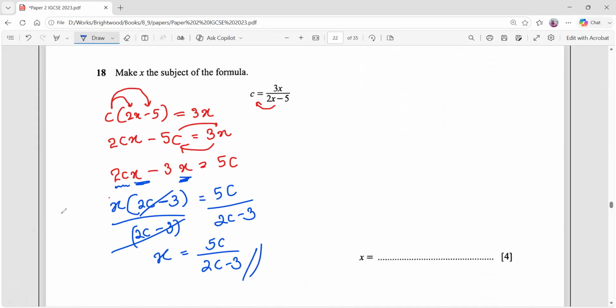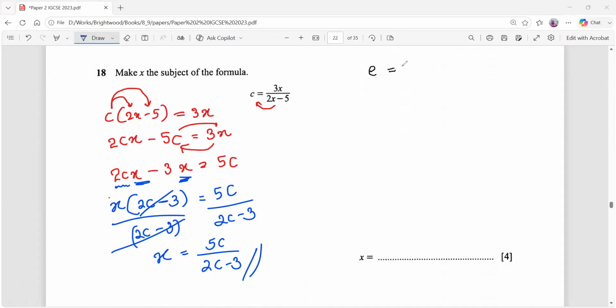Shall I do another one? Another one for you. If I give e equals 5y over 3y minus 7, can you make y the subject?